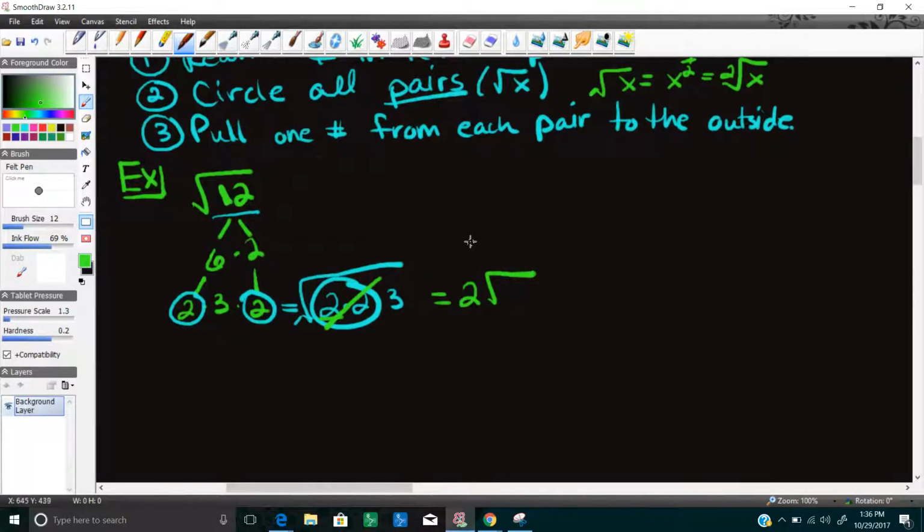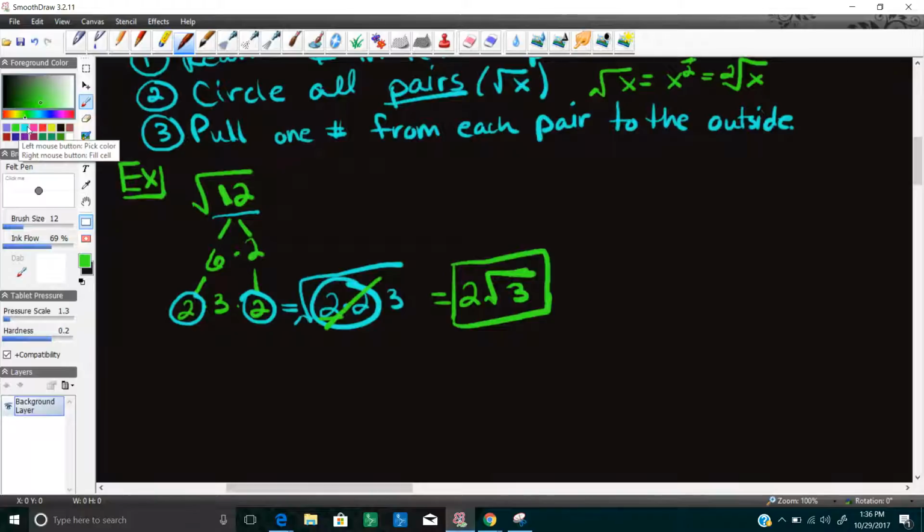I know it doesn't make too much sense, but it will in a little bit. Whatever's left inside just stays inside. So this is 2 times the square root of 3, and if I multiply this, I get the square root of 12. This is the answer I'm looking for. If you were to put this 2 back inside, it would be like saying 2 times 2.